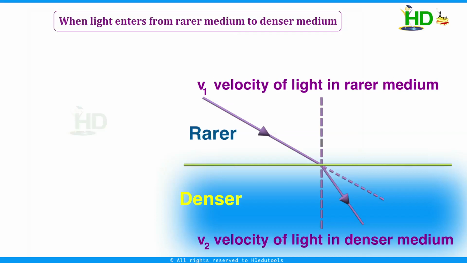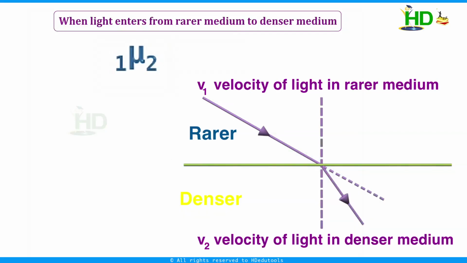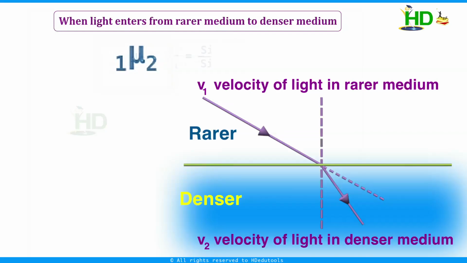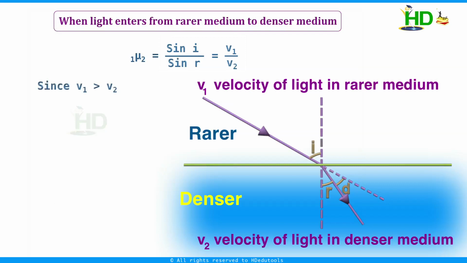According to Snell's law, the refractive index of the second medium with respect to the first, that is the denser medium with respect to the rarer medium, is equal to sin i by sin r, where i is the angle of incidence and r is the angle of refraction. Now this is equal to V1 by V2. Already we know that the velocity of light in the rarer medium is more compared to the denser medium, that is V1 is greater than V2. Since V1 is greater than V2, i is greater than r.